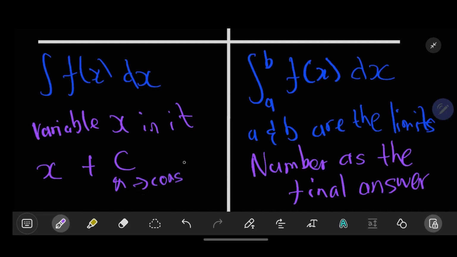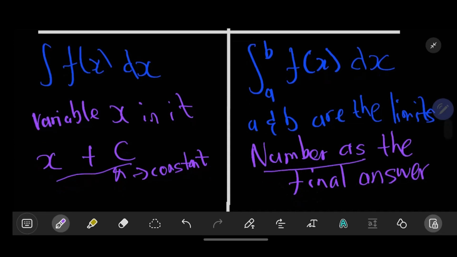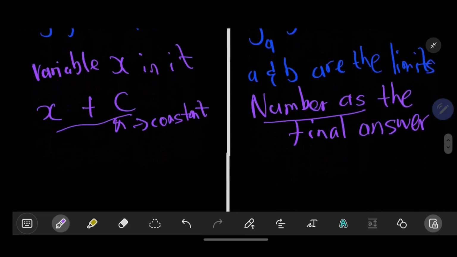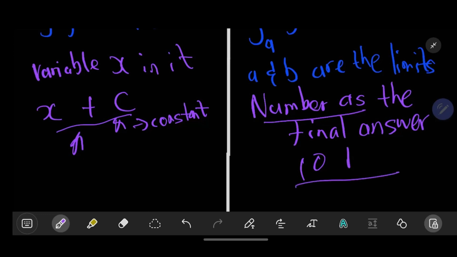For example, a definite integral will just give us an answer of 10, but here we get an answer in terms of x plus c. There is no plus c in the definite integrals. So that's one part of the difference.